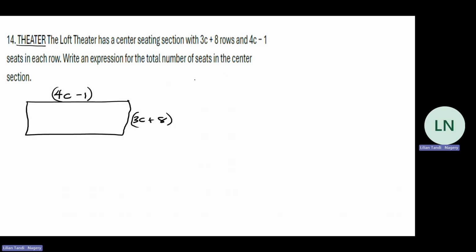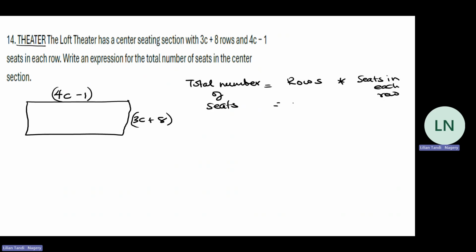So I am going to write here, total number of seats equals rows multiplied by seats in each row.